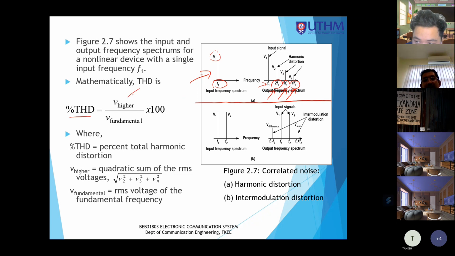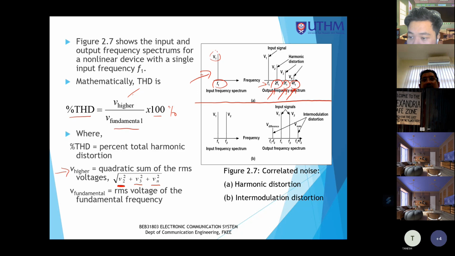And we multiply by 100% if we want it in terms of percentage. So what is V higher? V higher is the quadratic summation of the harmonics only. So the summation of V2, the second harmonic voltage, squared, plus V3 squared, until Vn squared, up to the nth order of harmonics.